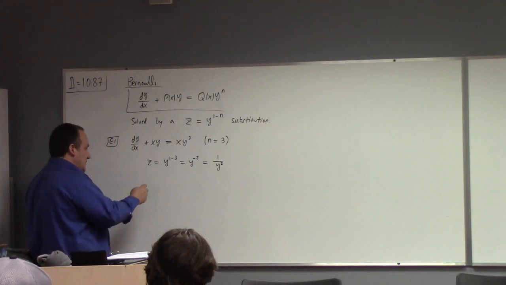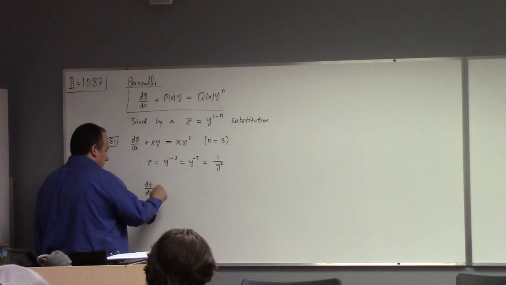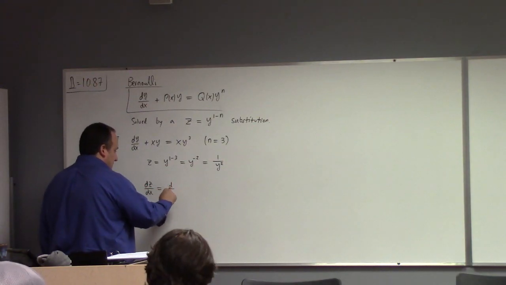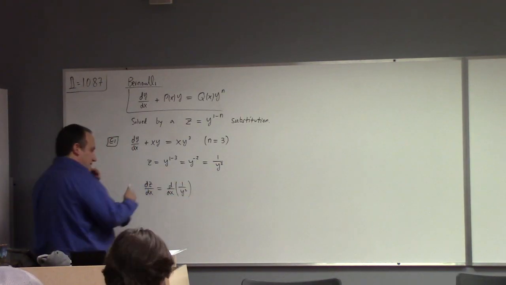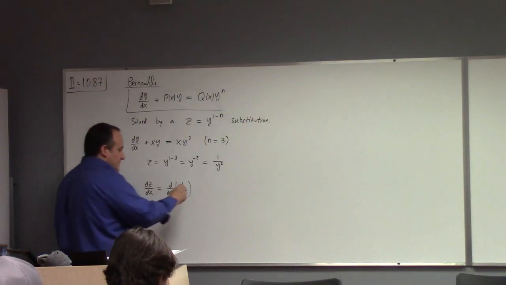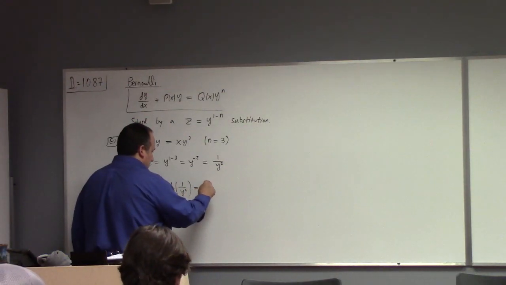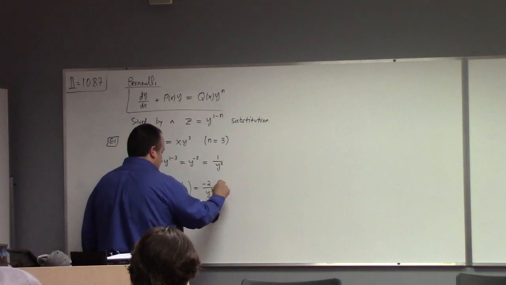Making that substitution. So what I want to know is what's dz/dx. And so that's d/dx of 1 over y squared, because I trust the hint in my notes about how we solve this. All right, so that's a chain rule. So I've got minus 2 over y to the power 3 dy/dx.